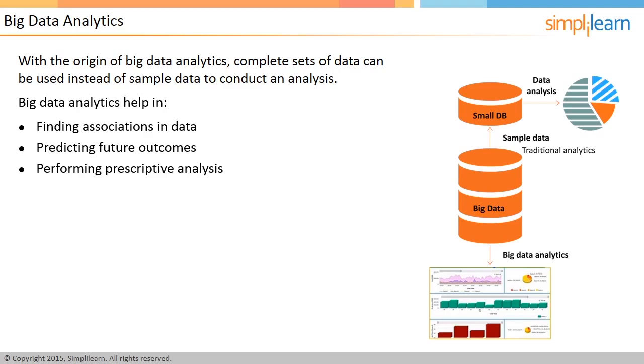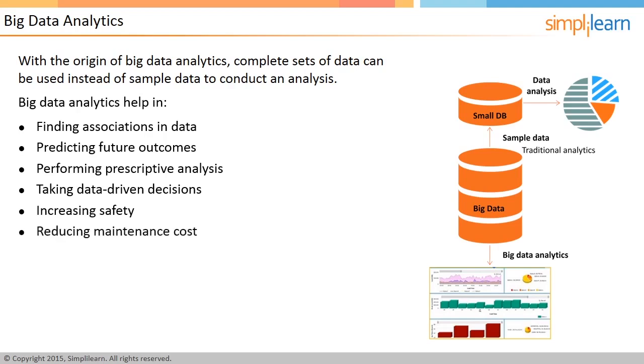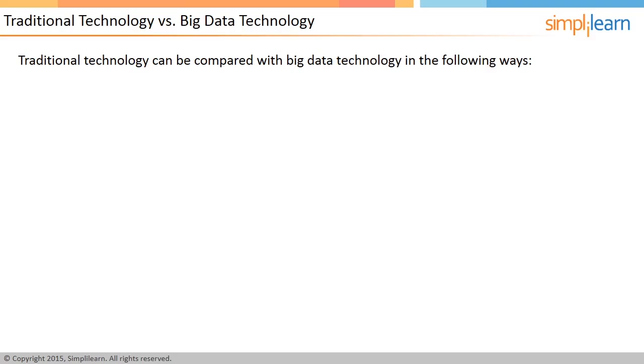Further, using big data for analysis also helps in taking data-driven decisions instead of decisions based on intuitions. It also helps organizations increase their safety standards, reduce maintenance costs, and prevent failures. Traditional technology can be compared with big data technology in the following ways.